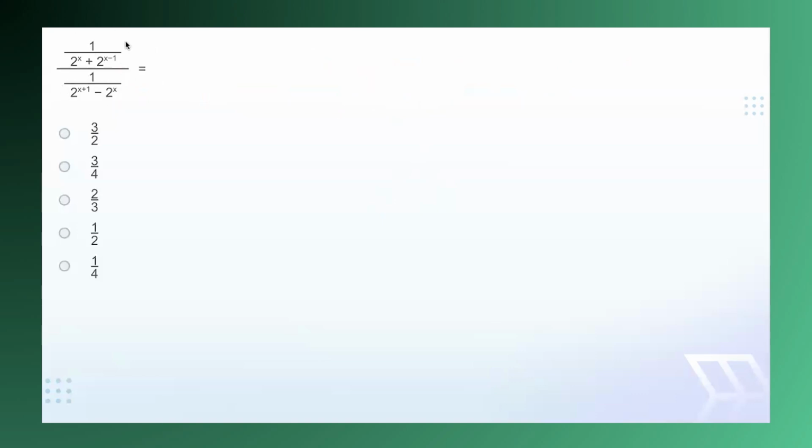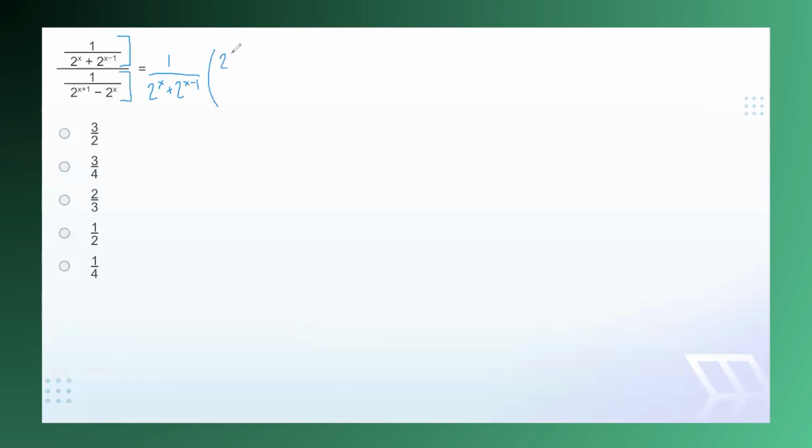However, we can pretty quickly get this one at least looking more manageable by remembering that dividing by a fraction is the same as multiplying by its reciprocal. So we can rewrite this as our fraction numerator, so 1 over 2 to the x plus 2 to the x minus 1, times the reciprocal of our fraction denominator.